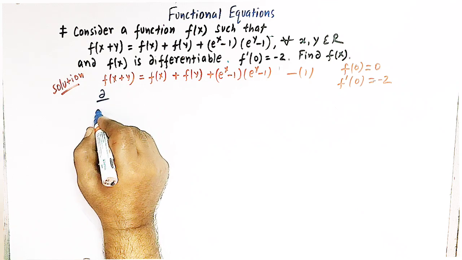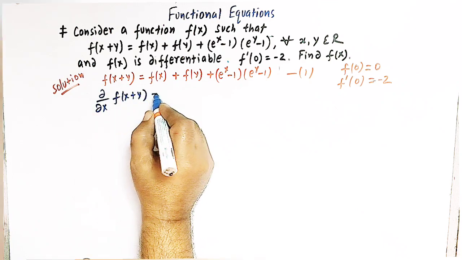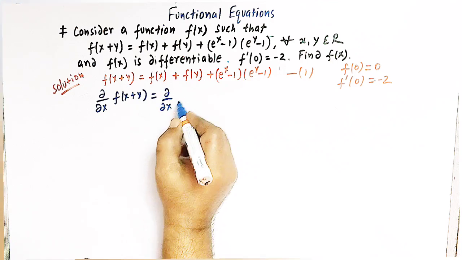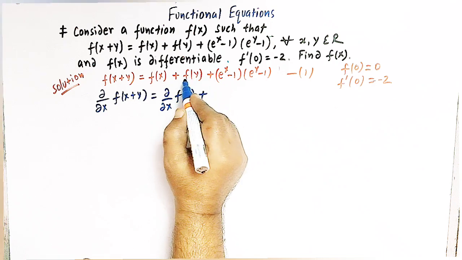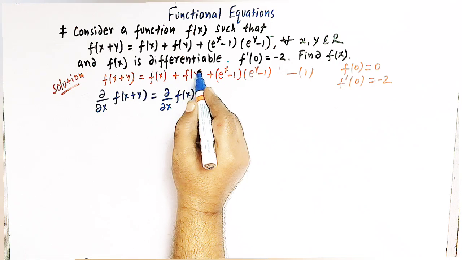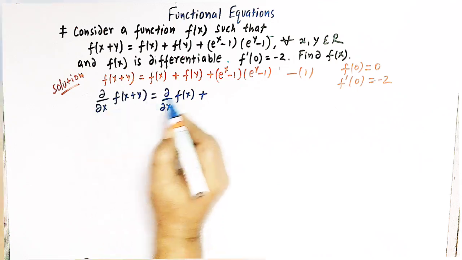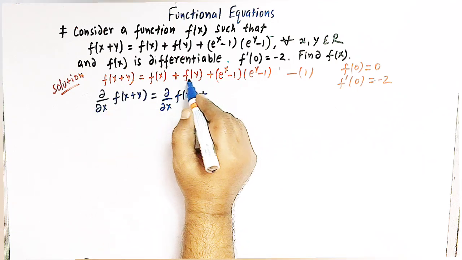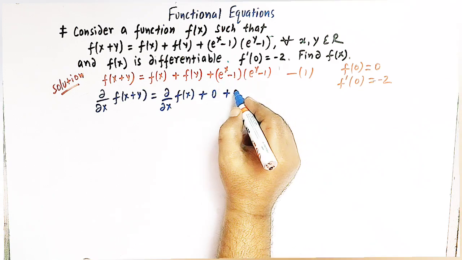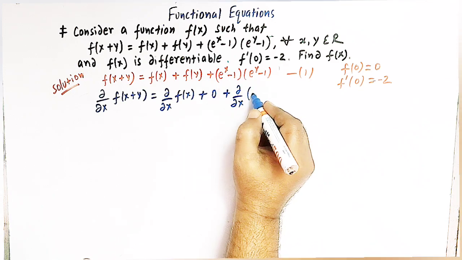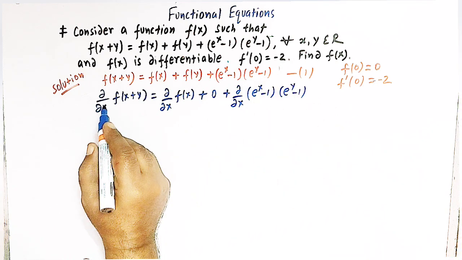So we can write del over del x of f of x plus y, and here we have del by del x of f of x, and the term f of y is a constant because we are differentiating partially with respect to x. So the derivative of f of y with respect to x is 0, and here we have del by del x of (e raised to x minus 1) times (e raised to y minus 1).